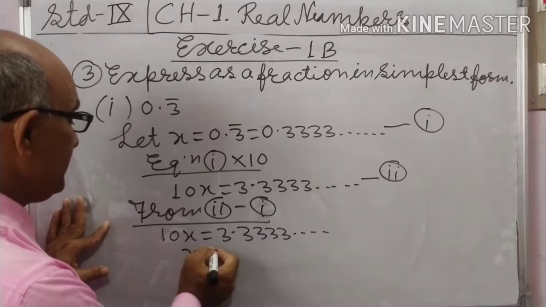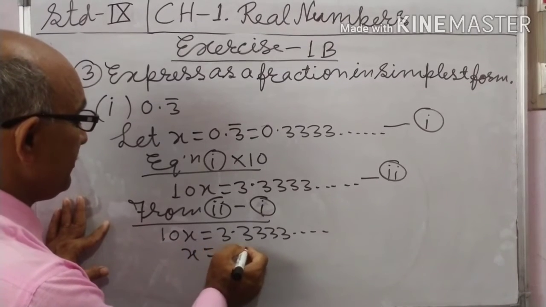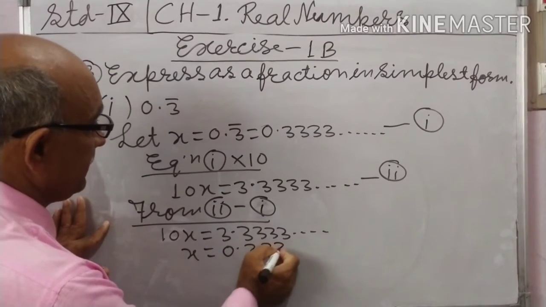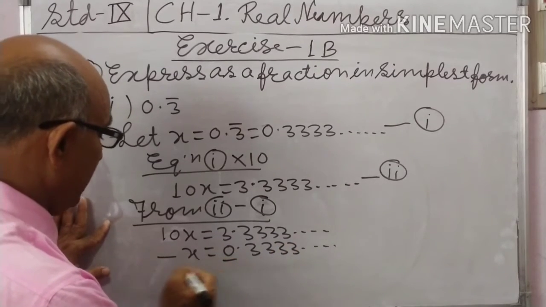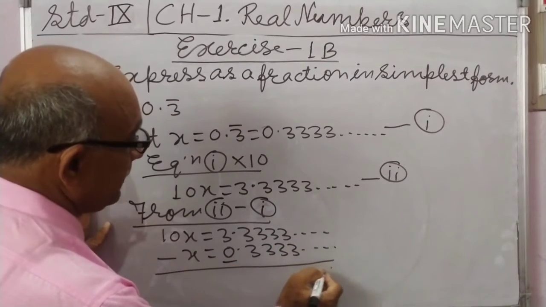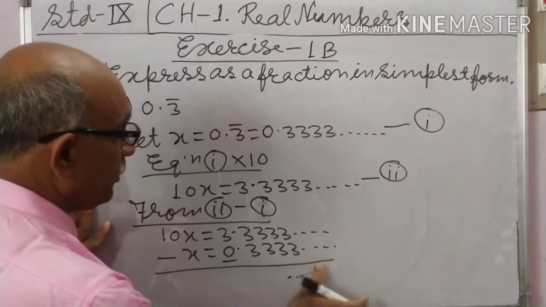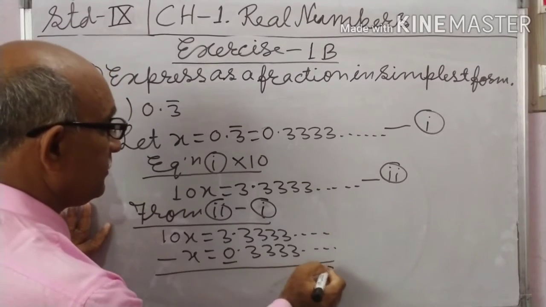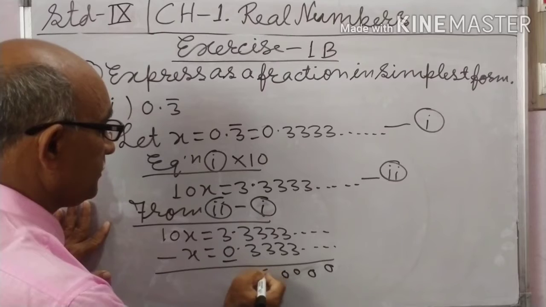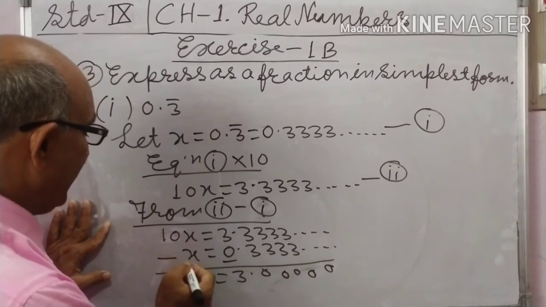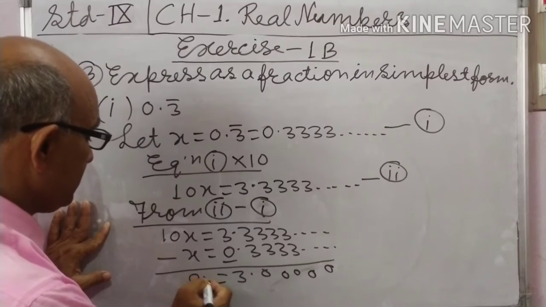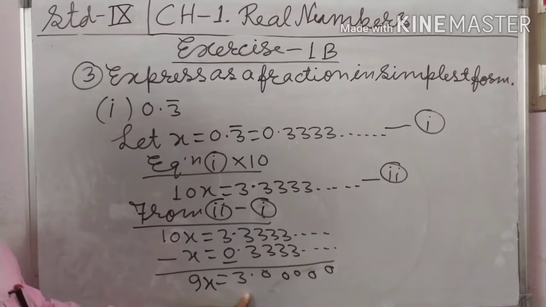Equation 1 is x equal to 0.3333 dot dot dot. Minus, subtract it. Dot dot dot means 0. 3 equal to 10x minus x, 9x. So 9x equal to 3.